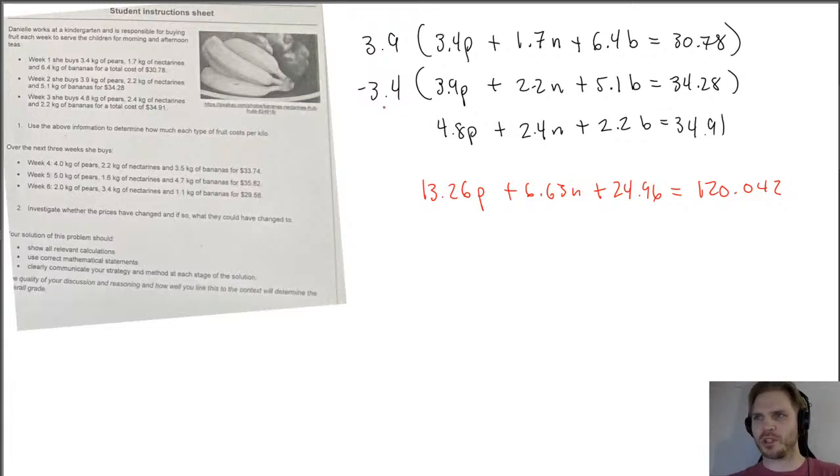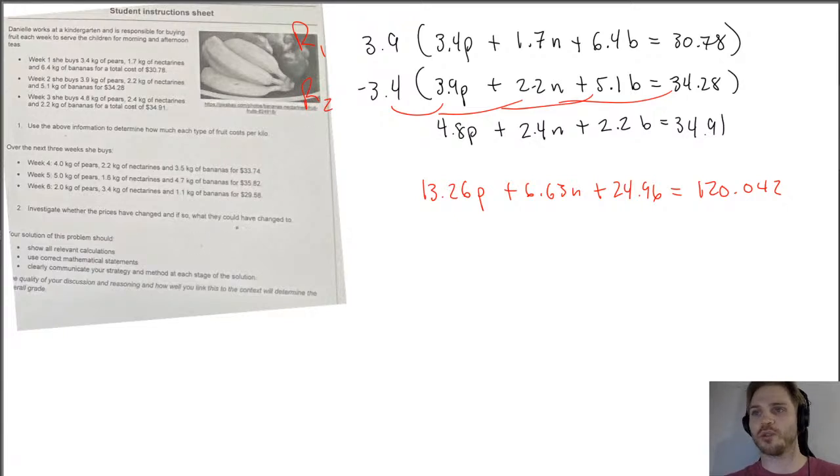Then I'm going to multiply this by everything here, and then I'm going to add equation 1 to equation 2. So the idea is, this is row 1 and this is row 2.